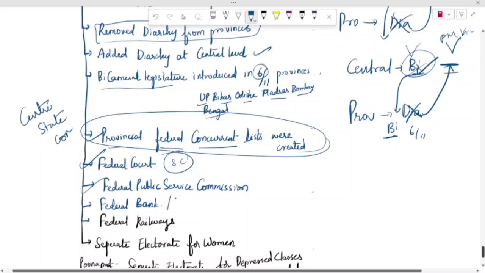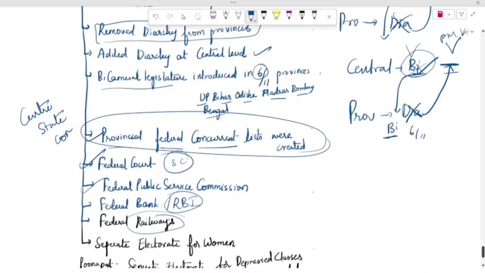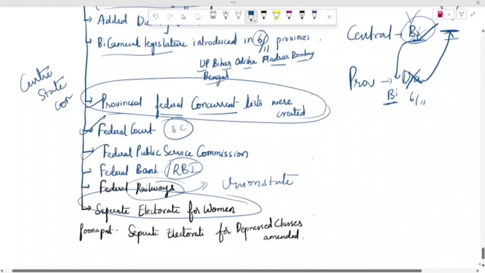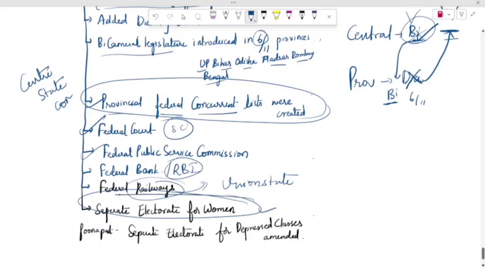Then the Federal Bank of India, today we call it the Reserve Bank of India. Federal Railways, that's why Railways is under the Union list as of now. Right? Then separate electorate for women was brought here. It was first spoken of in the 1919 Act, but in the 1935 Act they brought the separate electorate for women.